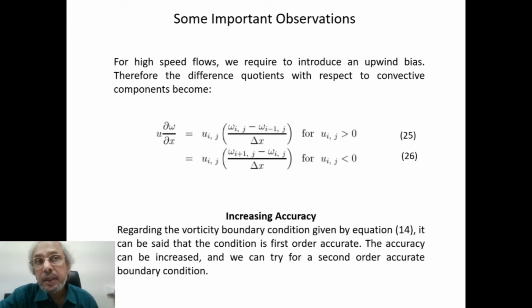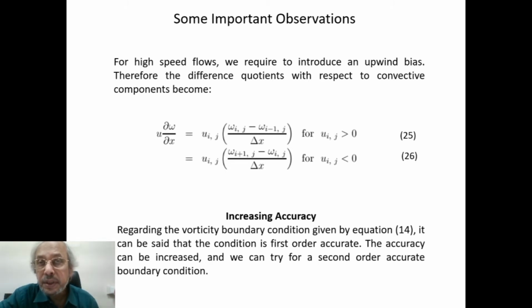Now, in a vorticity stream function solver, the vorticity term is very crucial, and we have discussed that vorticity is generated on the solid wall. Why on the solid wall? Because of the no slip condition, the velocity will be 0 at the wall, and it will reach the free stream velocity through the boundary layer.